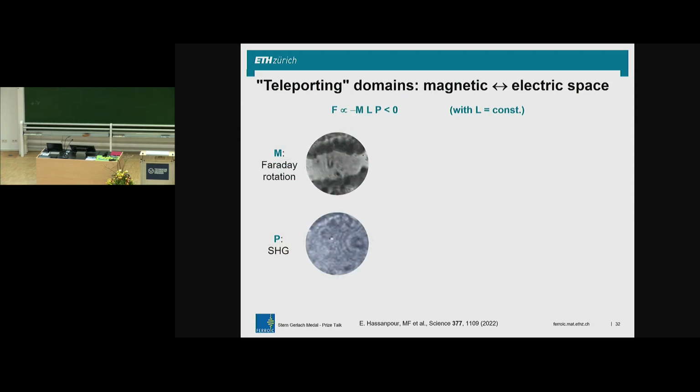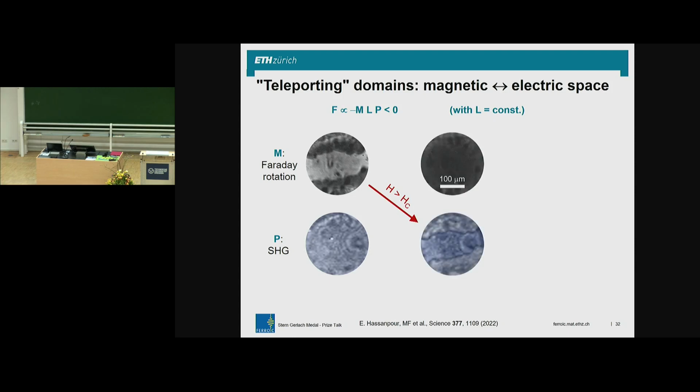Okay, that leads to the following nice experiment. You start with a magnetic domain configuration on a single domain ferroelectric background. Now you apply a magnetic field and you make your structure magnetically single domain. Polarization has to compensate, so the domain pattern jumps from magnetic space to electric space.